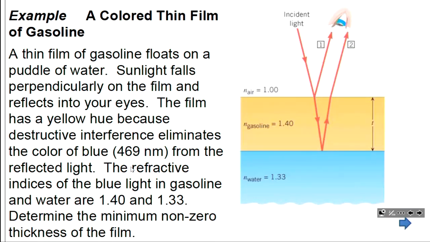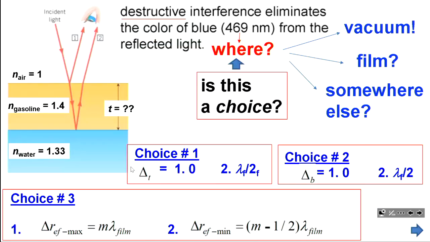large media. And every time we have to think about the same thing. For example, we have to make a choice here at the top boundary when the first ray is being reflected. Does the wave flip? Is there a phase shift or not?